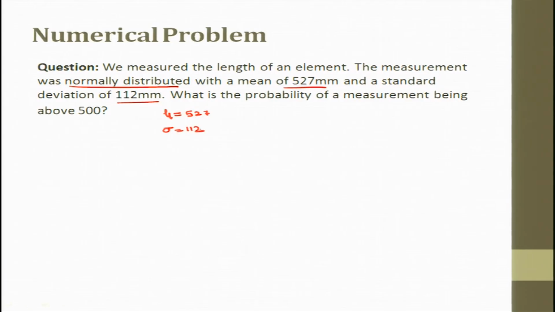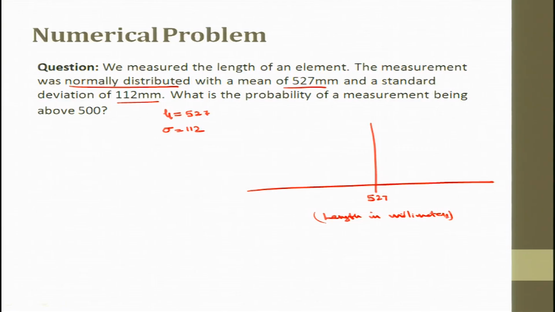So, if I try to draw the curve for this, this is 527, length in millimeters. Now, I will draw a bell-shaped curve here, which is symmetrical about the central value.